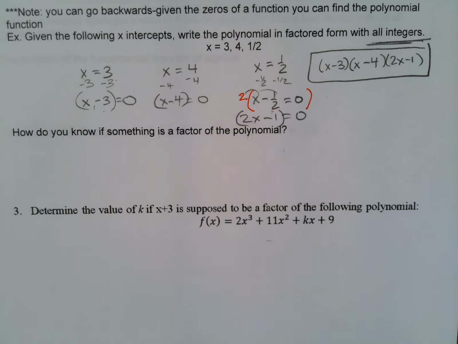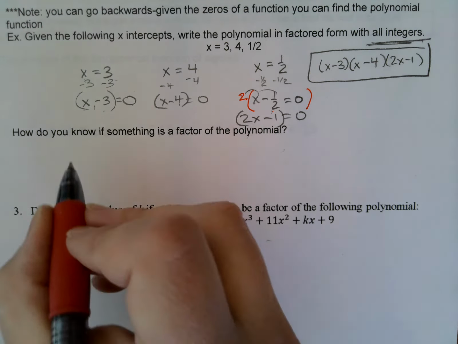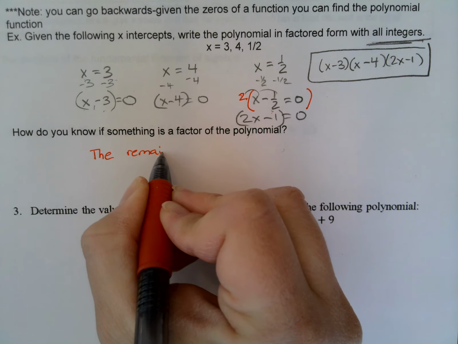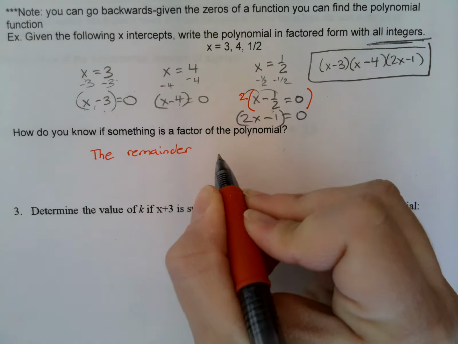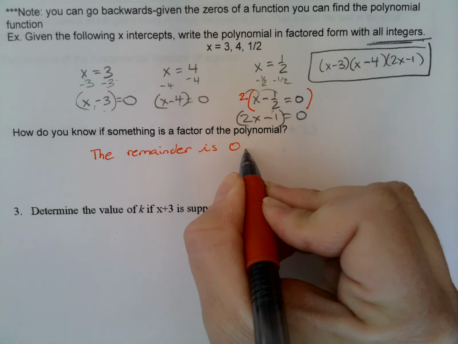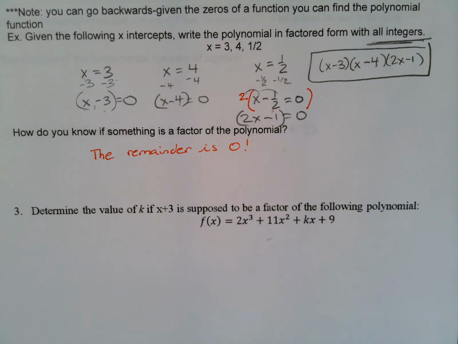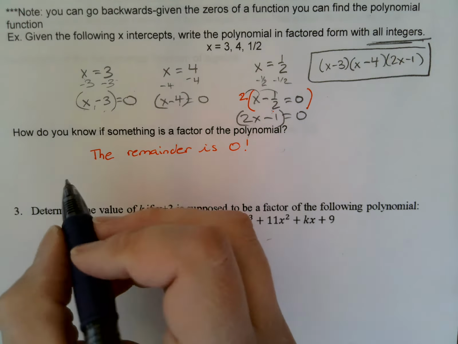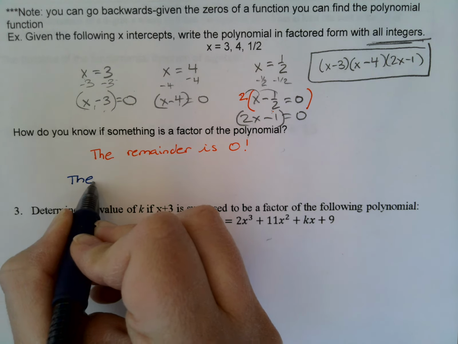How do you know if something is a factor of the polynomial? The remainder is 0. Okay. The remainder represents the output. Okay, so what you got to remember, we talked about this a couple of times.